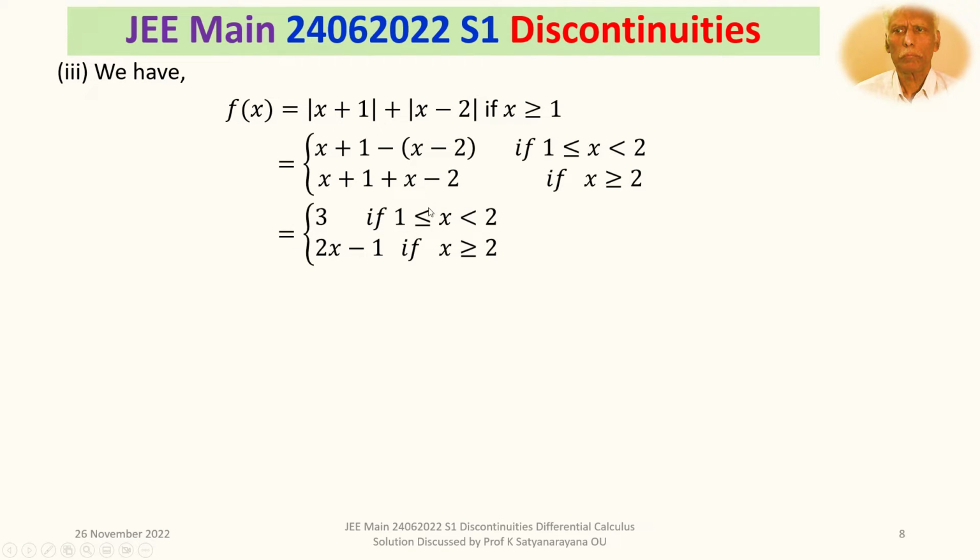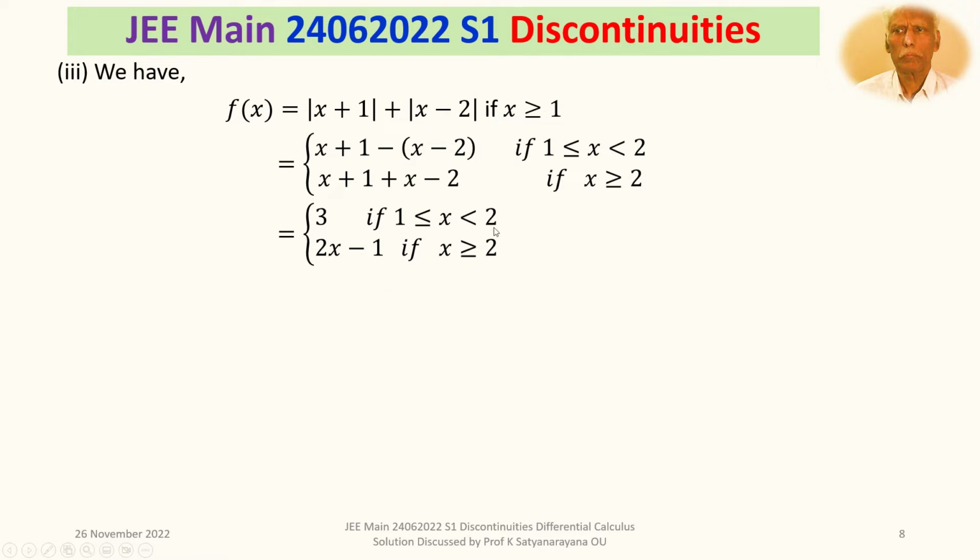So when simplified, this will give you 3 if 1 less than or equal to x less than 2, and 2x minus 1 if x greater than or equal to 2. Now, this is a continuous function from 1 to infinity, closed at one end.